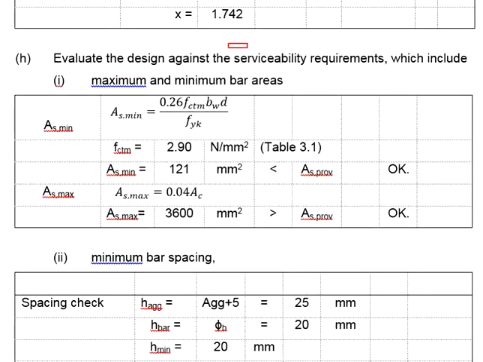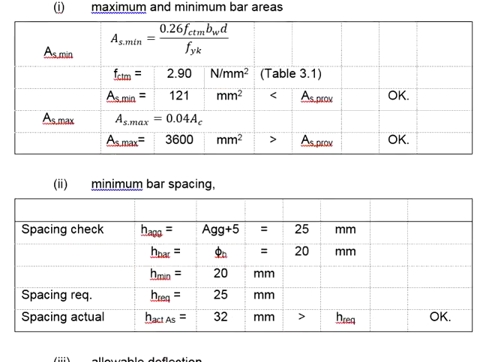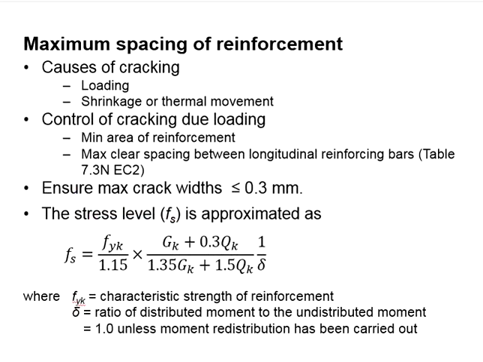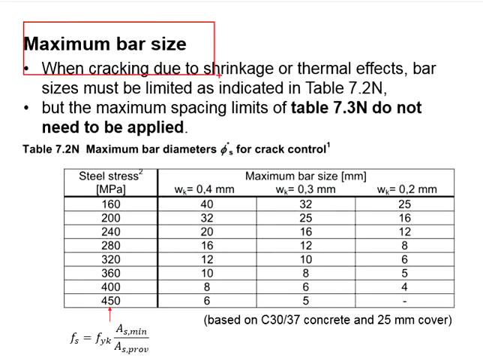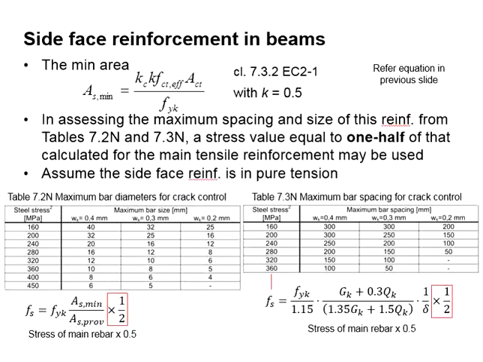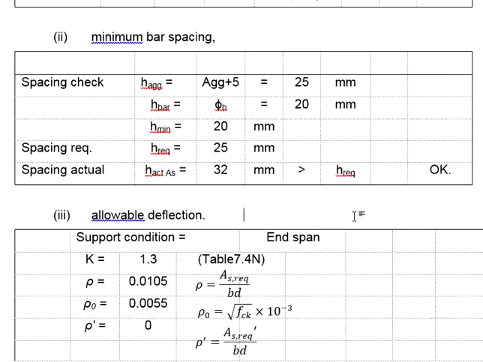This question asks you to check for the serviceability requirements against these three items, namely the maximum and minimum rebar, minimum bar spacing, and allowable deflection. There are other serviceability requirements such as the maximum spacing, maximum bar size, surface reinforcement, side face reinforcement, and others.